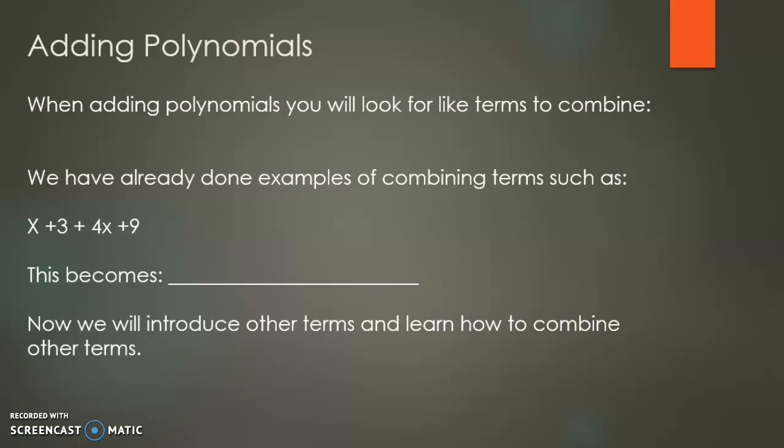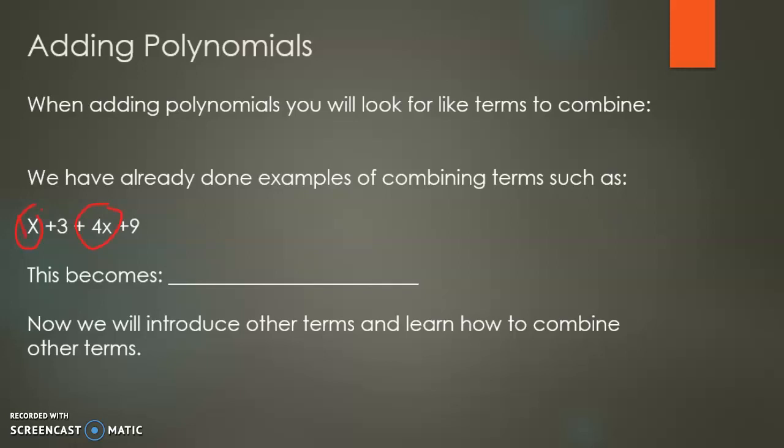Adding polynomials. When adding polynomials, you will look for like terms to combine. We have already done examples of combining terms such as x plus 3 plus 4x plus 9. So what you will do is circle the x and the 4x, and that x is a 1x.